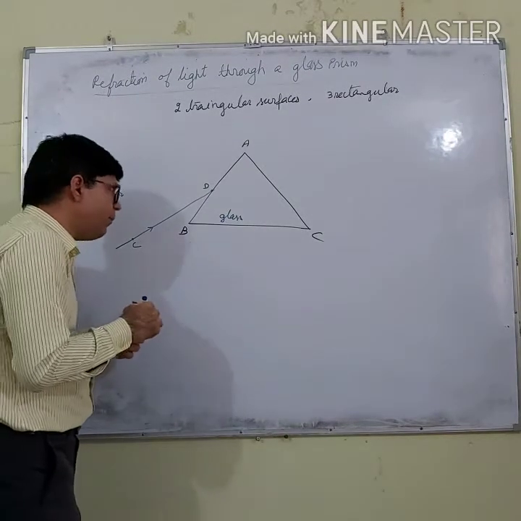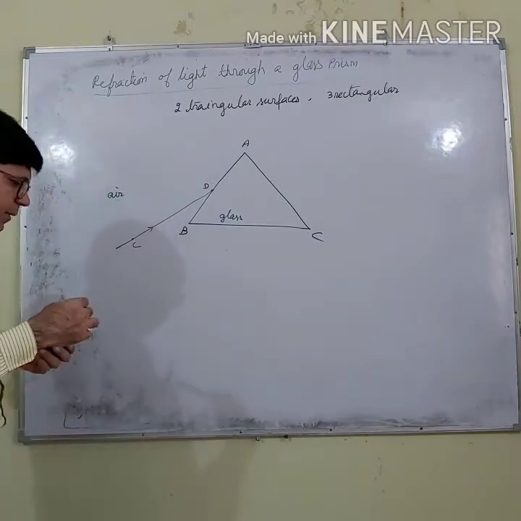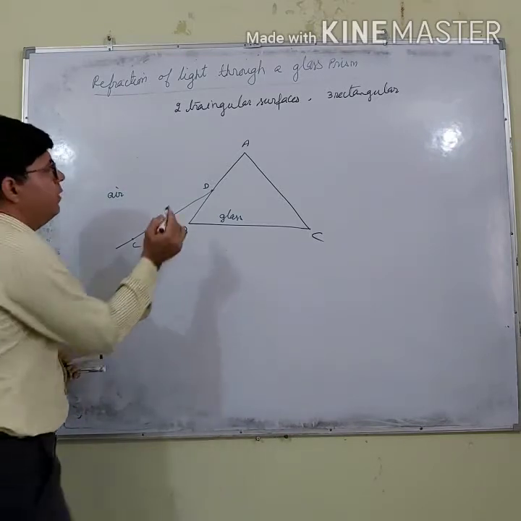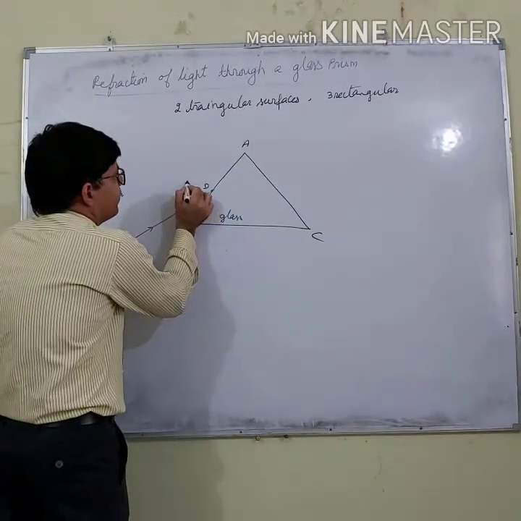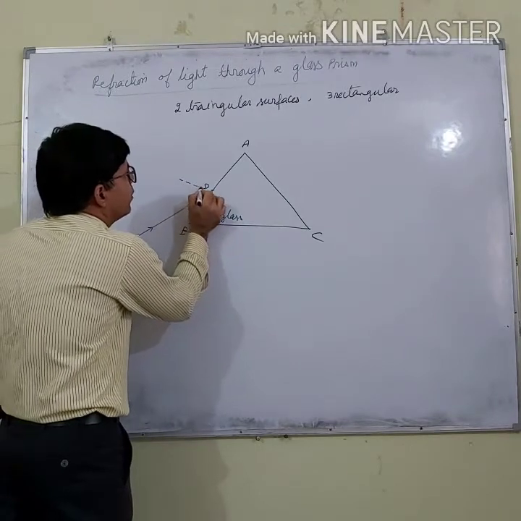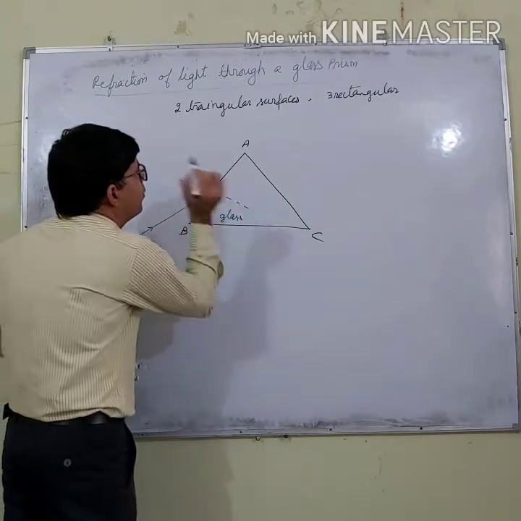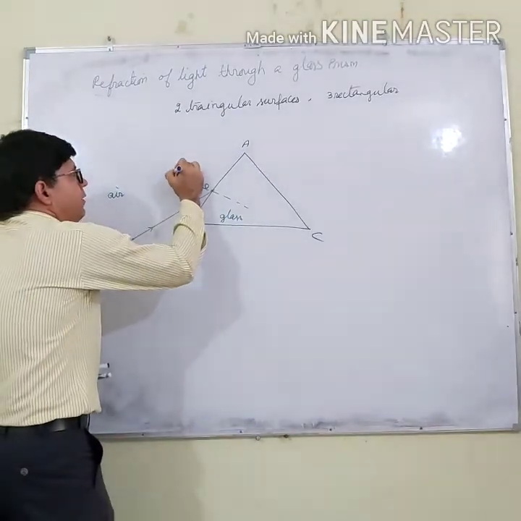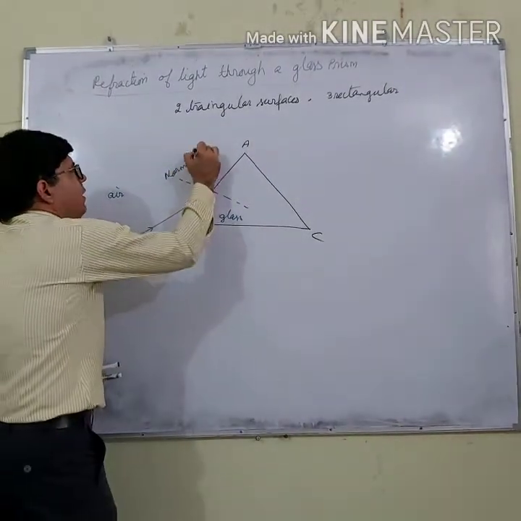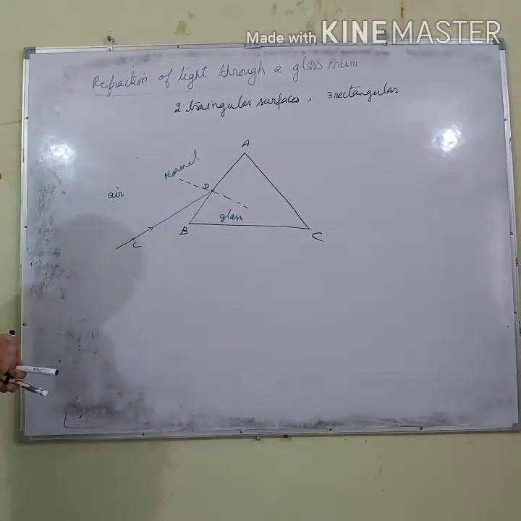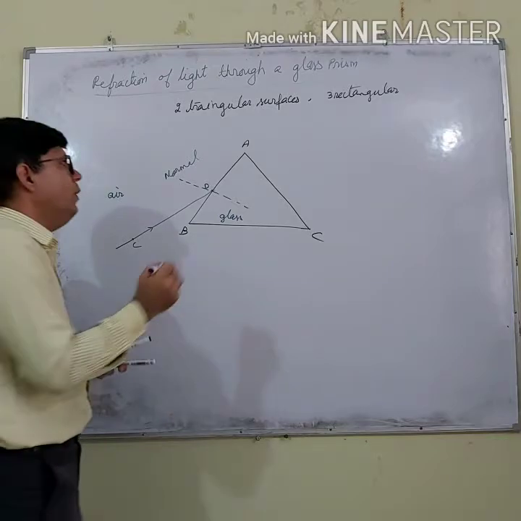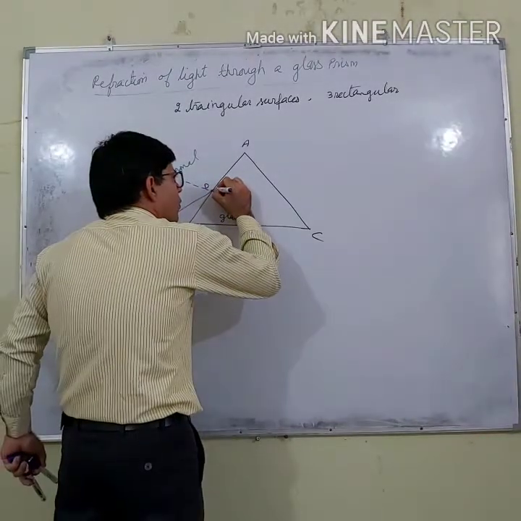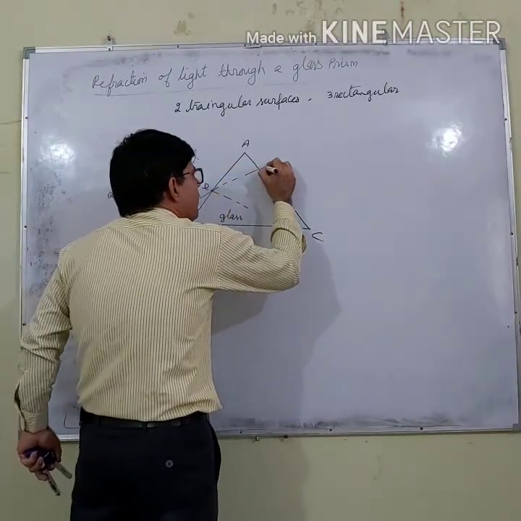So what will happen to this? Let me draw a normal. So let us say this is the normal, right? Will this ray move straight?